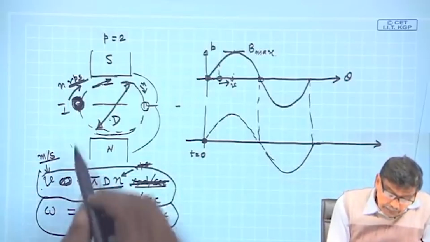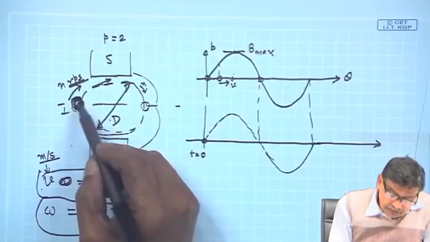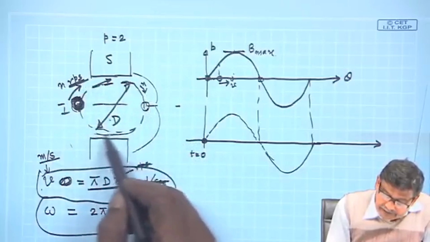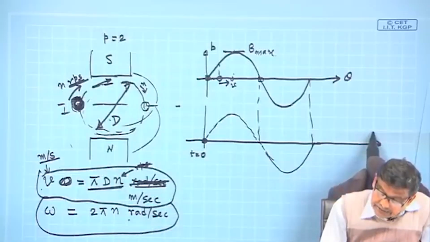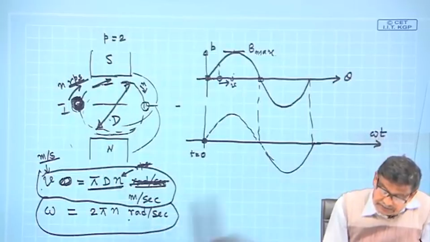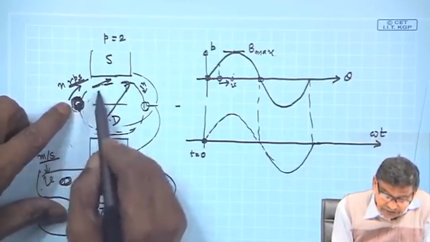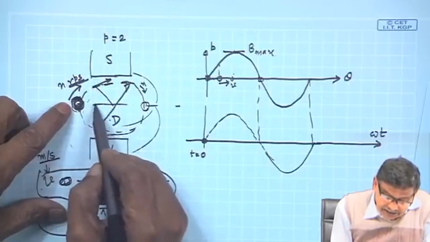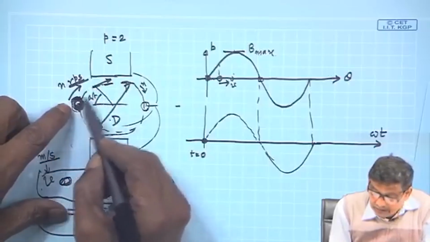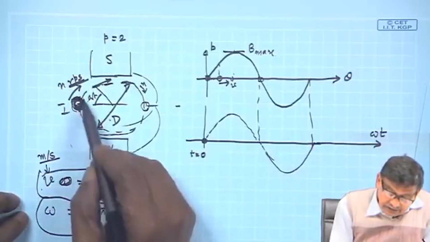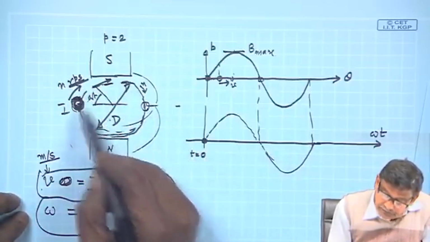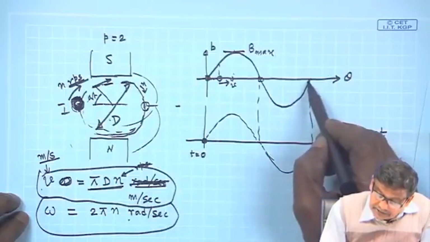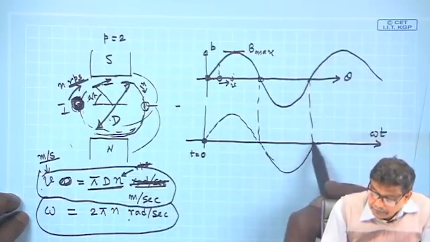Therefore, when this conductor makes a complete rotation in this direction, and this is suppose omega t, so omega t was 0, and it was increasing. Now, when it comes back to its original position, once again it will be 0 and the cycle will start repeating.